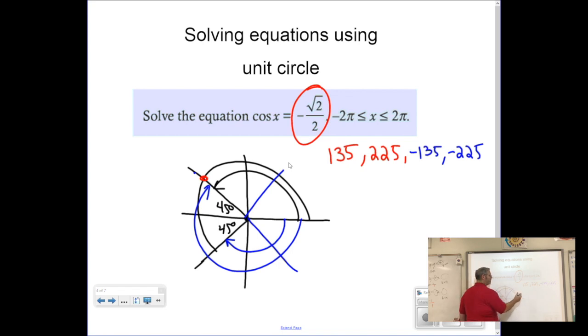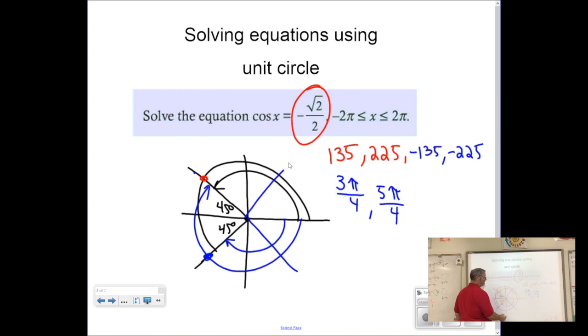So 135 would be 3 pi/4. 225, which is from here all the way down to right there, would be pi/4, 2 pi/4, 3 pi/4, 4 pi/4, and 5 pi/4. You could also convert them using the ratio of pi over 180, multiply that by 225, and you'll still reduce it to 5 pi/4. I just think this is easier.